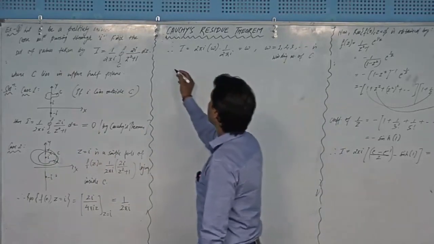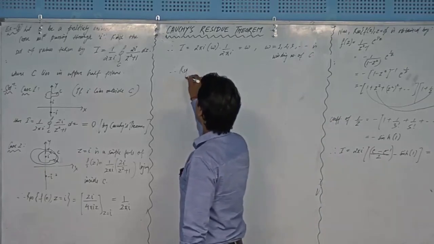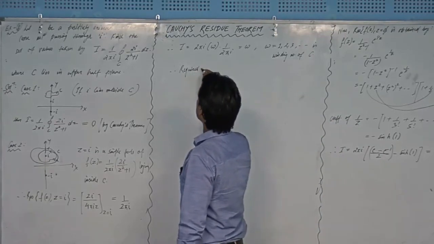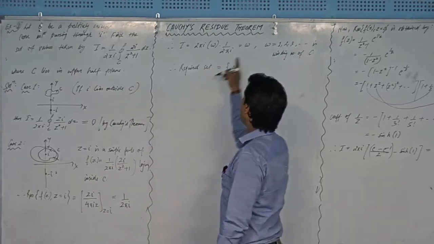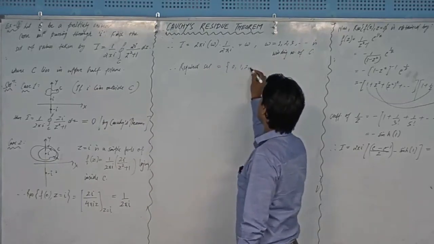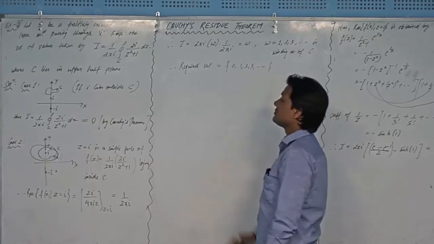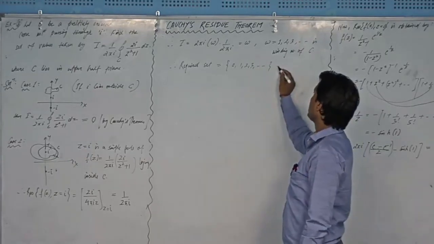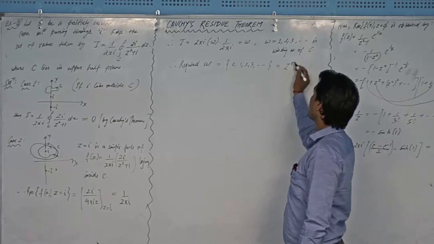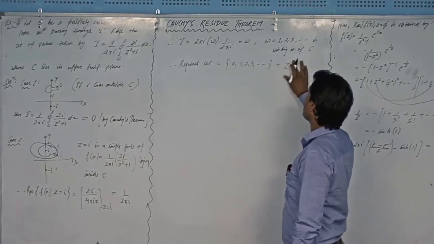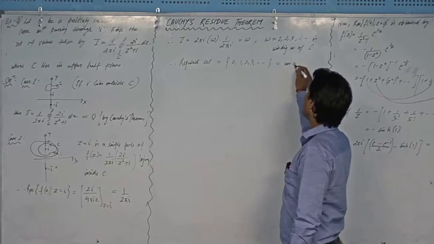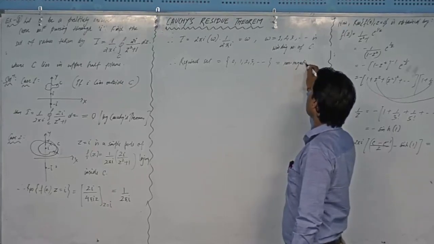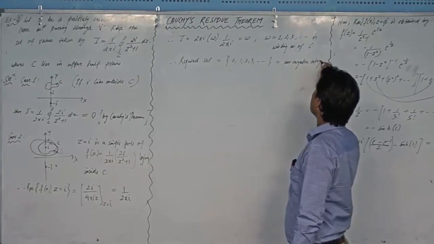So the required set will be 0 from here, and omega starts from 1, 2, 3, and so on, right? So this is the required set, or you can write it as Z plus, non-negative integers. Just leave that as non-negative integers.